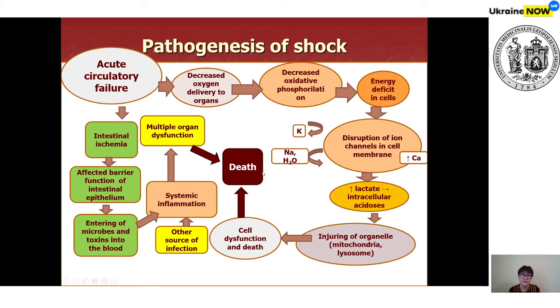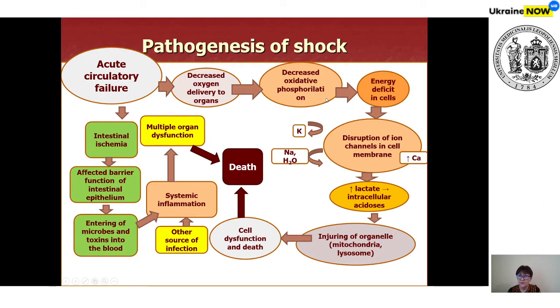Pathogenesis of shock. So, the main pathogenetic process causing shock is acute circulatory failure that results in decreased oxygen delivery to organs and decreased oxidative phosphorylation.